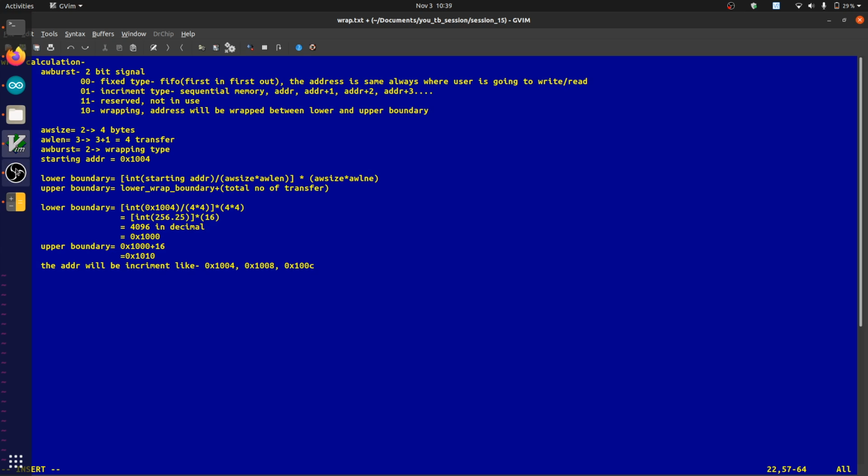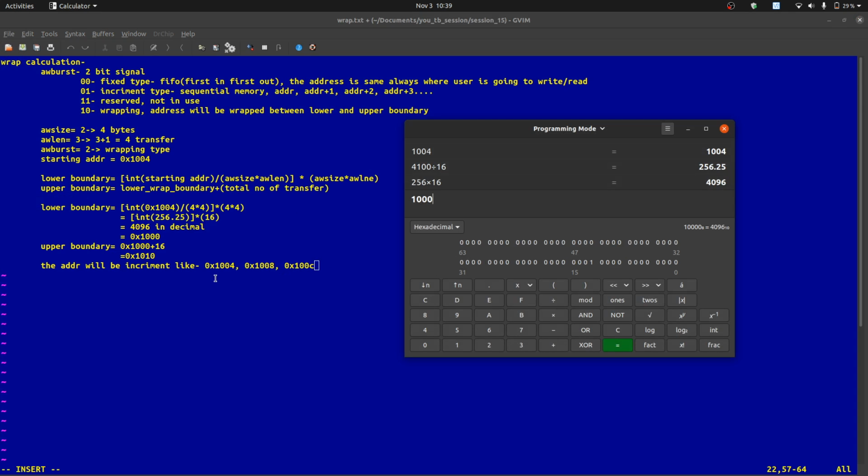You can see in the calculator, our starting address 1004 plus 4 is 1008, plus 4 is 100C, plus 4 will be 1010.